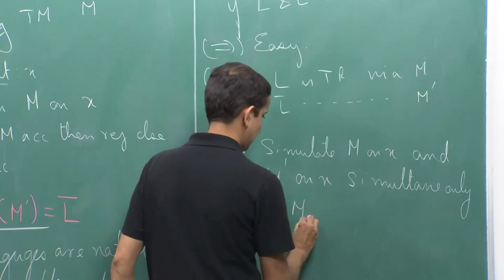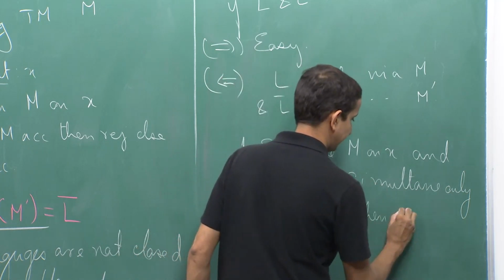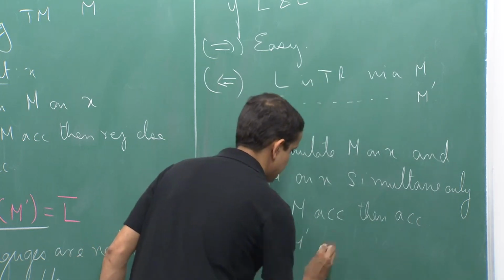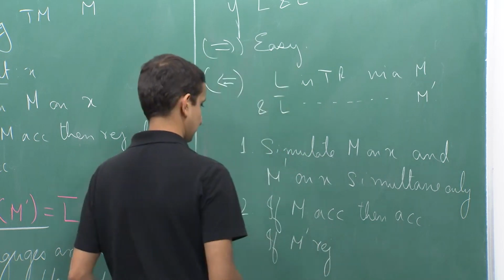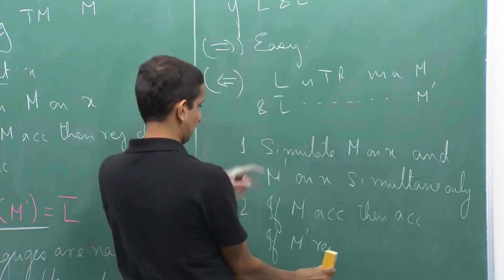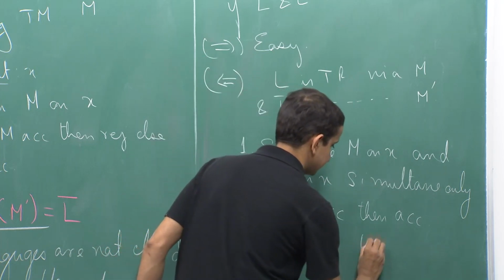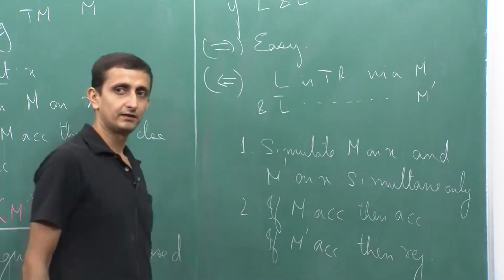If M accepts, then accept. If M prime, so M prime is for L complement, if M prime accepts, then reject. Okay.